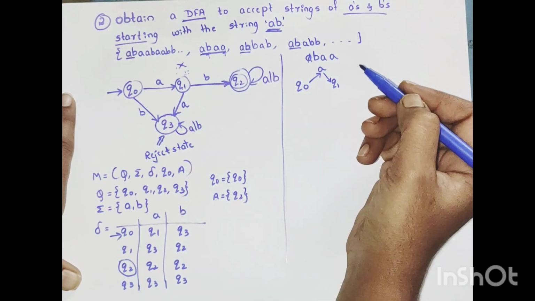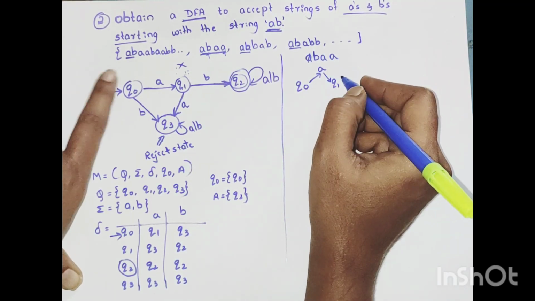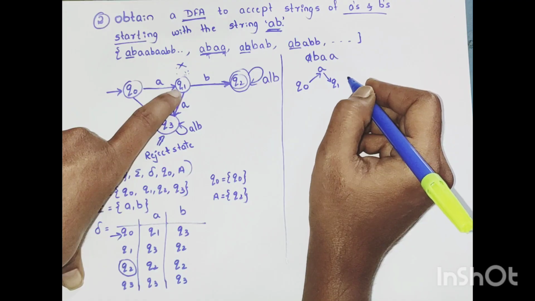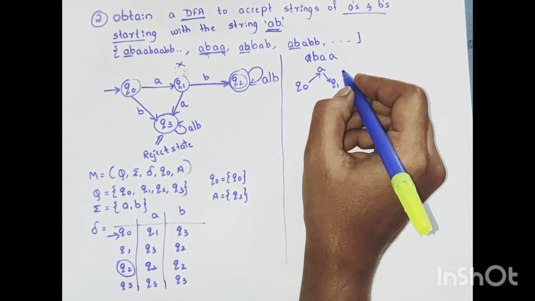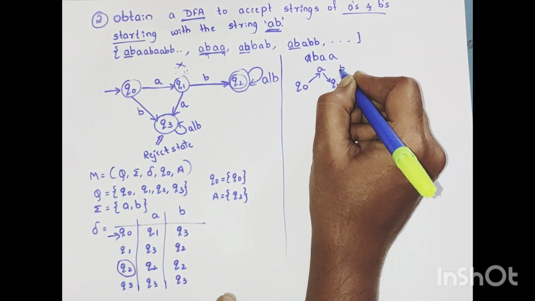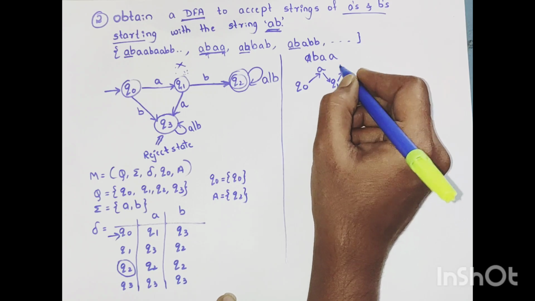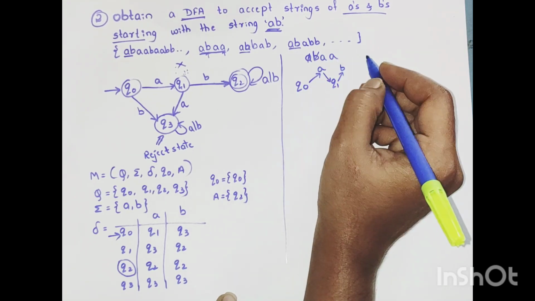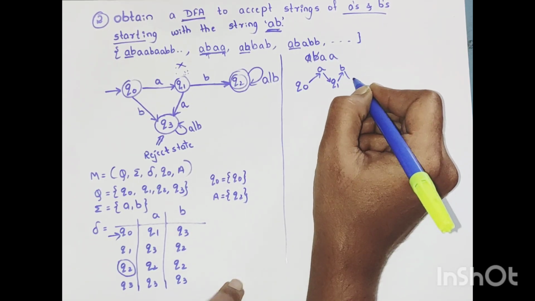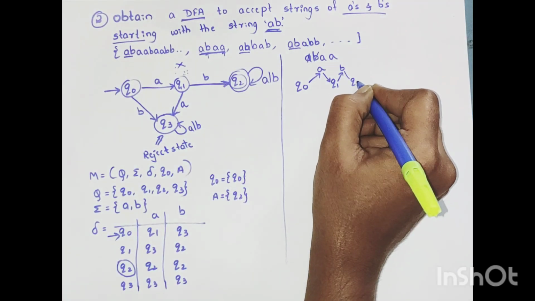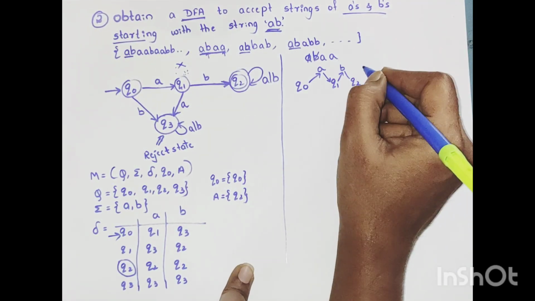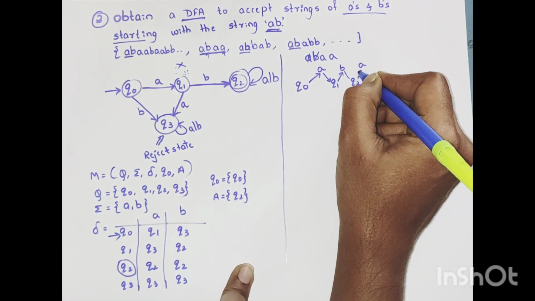Then we are done with this A. Now is B. From the Q1 state, if B comes, then the machine will move to this Q2 state. So for this B, from the state Q1, it will parse this B symbol, then move to the Q2 state. Then from this Q2, again this A will be parsed.